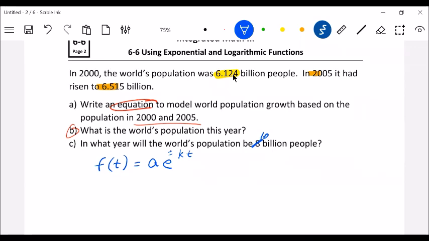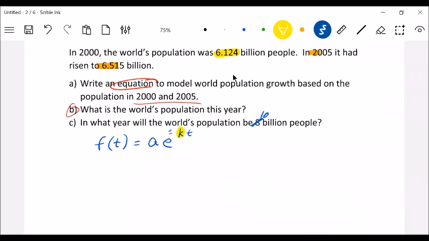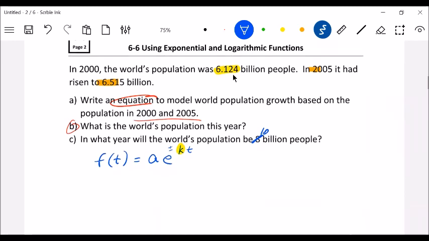Very similar to the other one, it's actually about the same as the last function, except that here we're specifically going to use the letter k instead of a rate, although it actually is a rate. So let's take the points that we have here. At the beginning, at the 0th time, it was 6.124. 5 years later, it's at 6.515. So that's in billions.